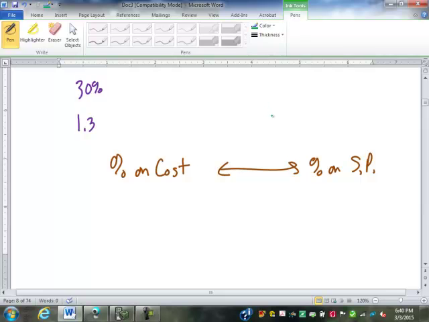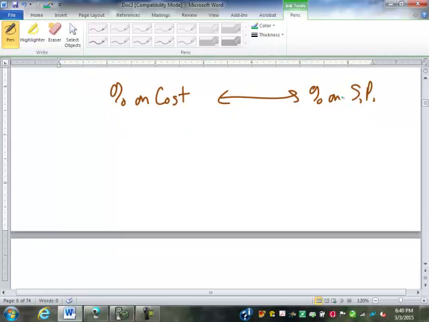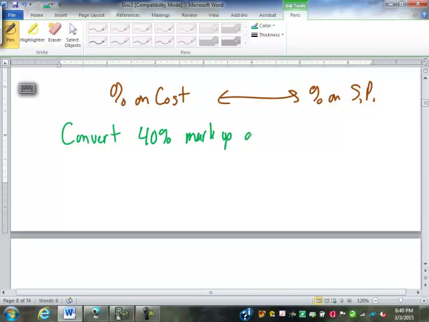Really, it's missed a lot on the test. But if I ask you to convert, let's say I ask you to convert a 40% markup on cost to a markup on selling price.